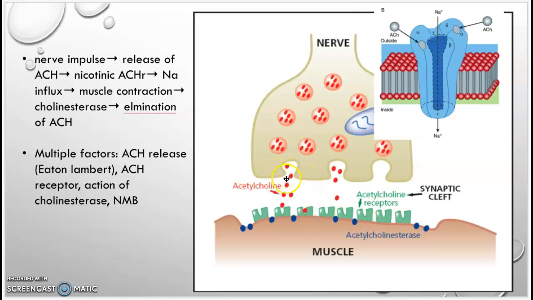Once acetylcholine is released, it's quickly degraded by pseudocholinesterase, which also can be deficient in patients. Then the acetylcholine will stay in the synaptic cleft for a long time, and persistent stimulation by this acetylcholine can desensitize the receptor, which we call phase 2 blockade.